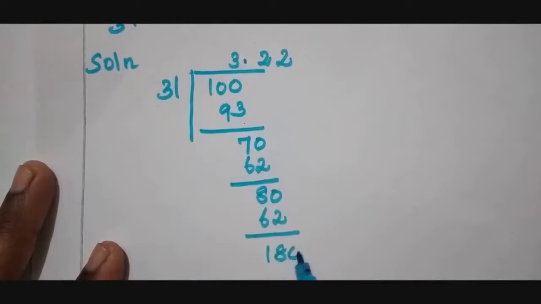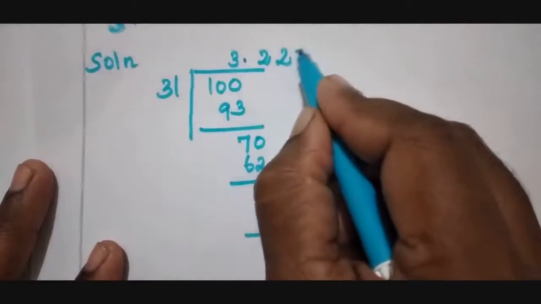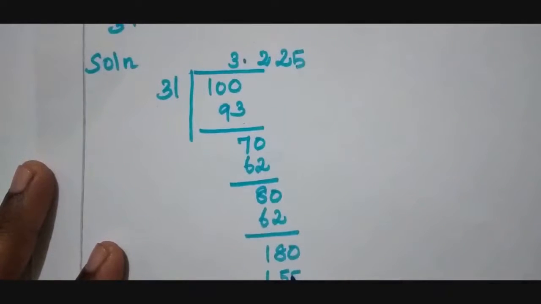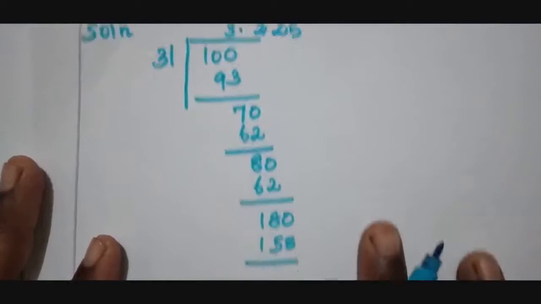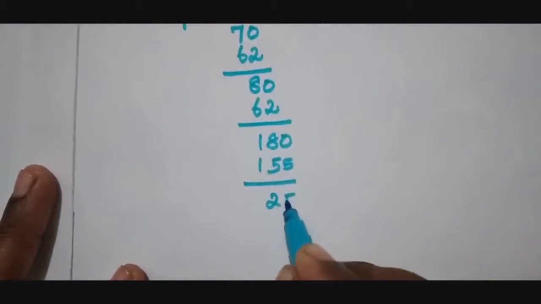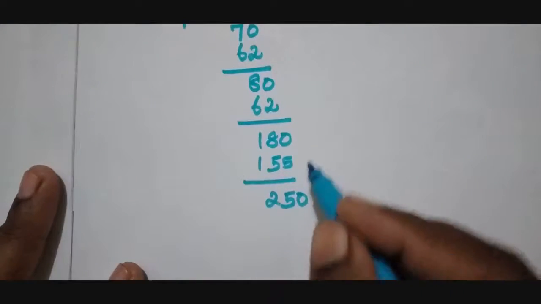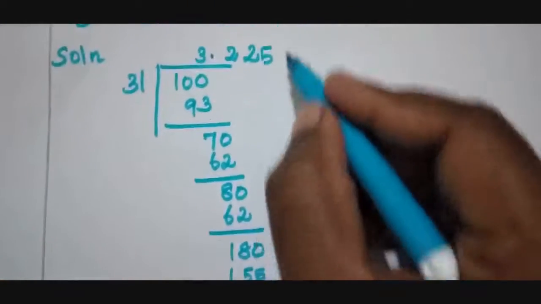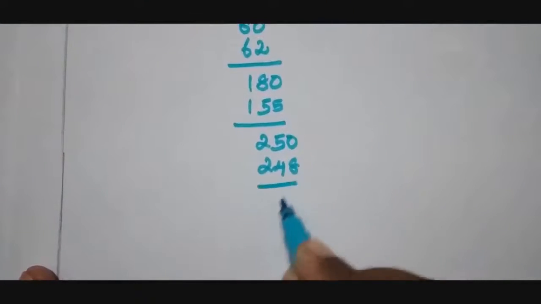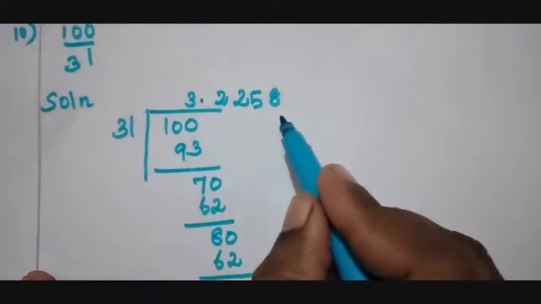18. Add 1 0. Now 5 into 31 is 155. 180 minus 155 is 25. Add 1 0. Now 8 into 31 is 248. Now we have reached 4 decimal places.